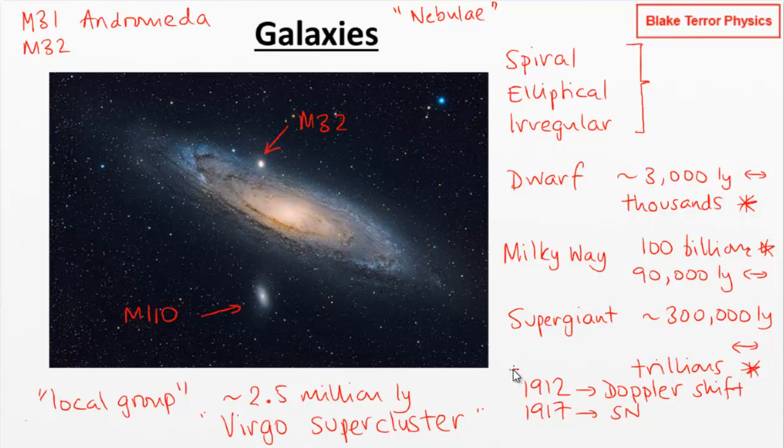Combining this sort of evidence and a few other bits, it all fed into the great debate of the 1920s, when the conclusion was drawn that there were objects outside of our galaxy. The Milky Way up until the 1920s was considered to be the whole of the universe. From the 1920s onwards, people started thinking, actually, no, the Milky Way is just one galaxy amongst many inside a larger universe, and these objects are other galaxies. So from a historical point of view, this is how it was pieced together.